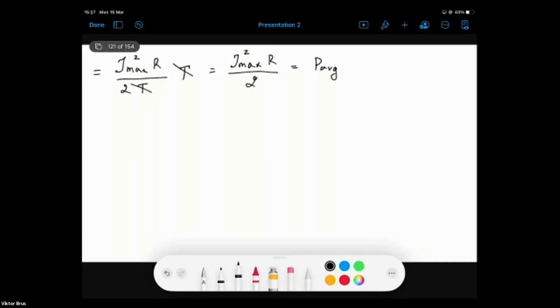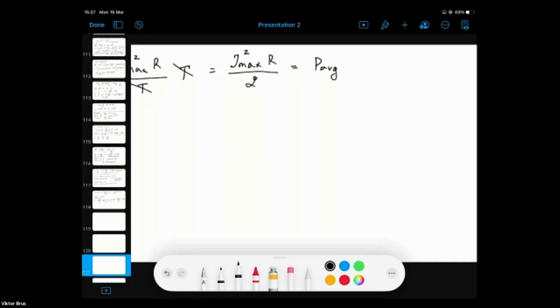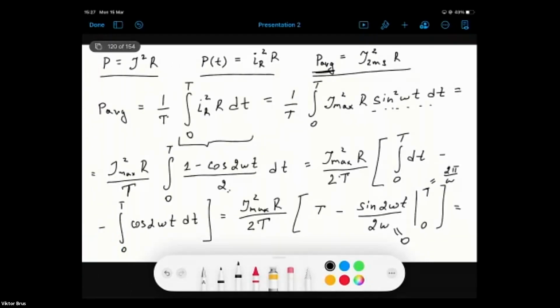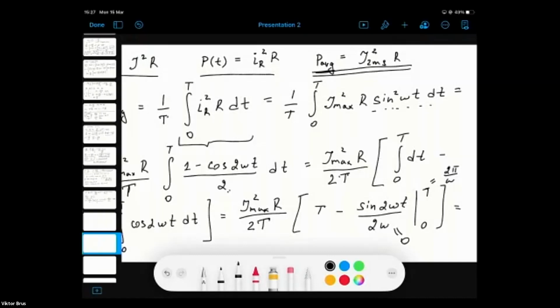Now we look at the previous slide. We see here that we want to find some equivalent DC current, which will deliver the same average power to the resistor. And we can calculate it from this equation.